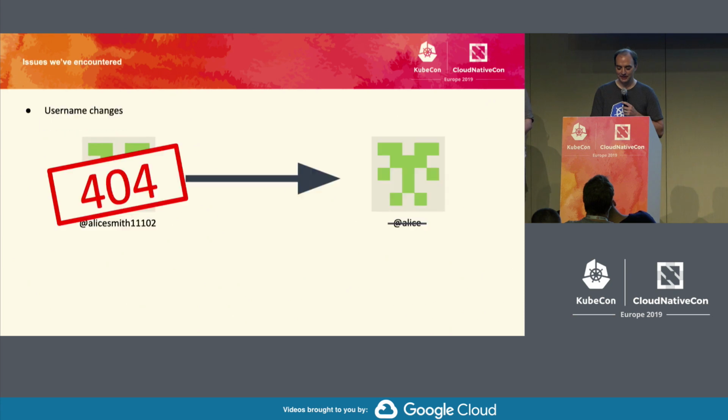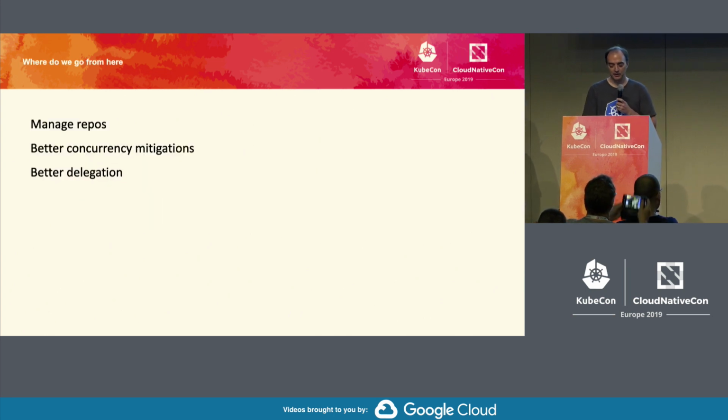Luckily, this doesn't happen super often, so our solution is we expect someone to go in, correct the name to say Alice instead of Alice Smith, and then rerun it, and the next time that will fix itself. But that's obviously something we want to improve.